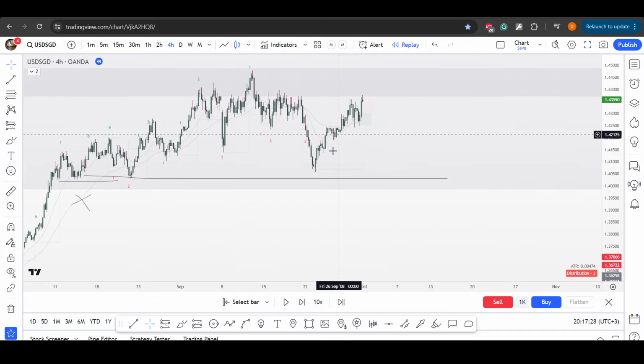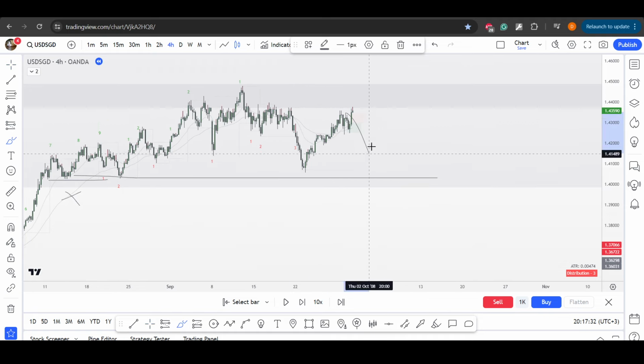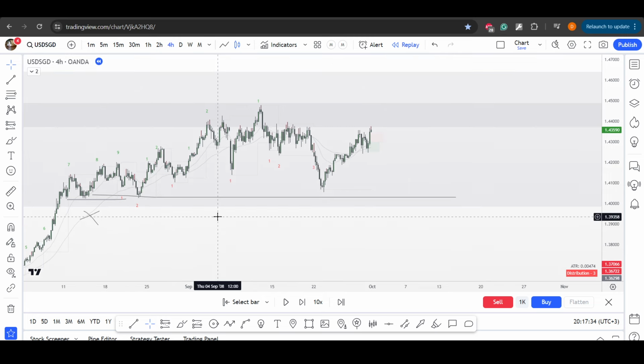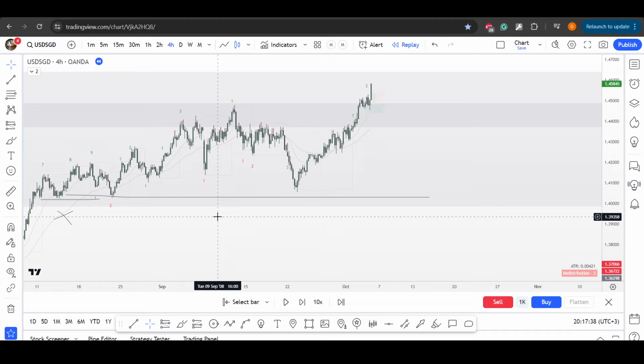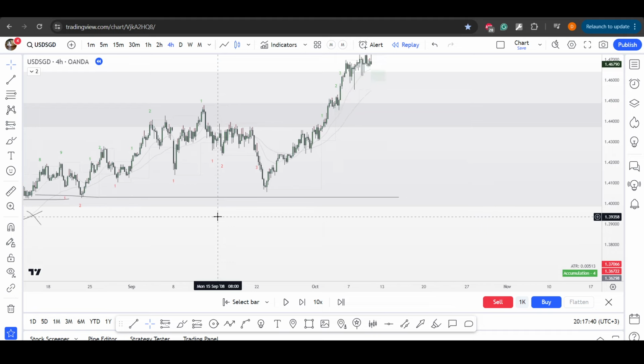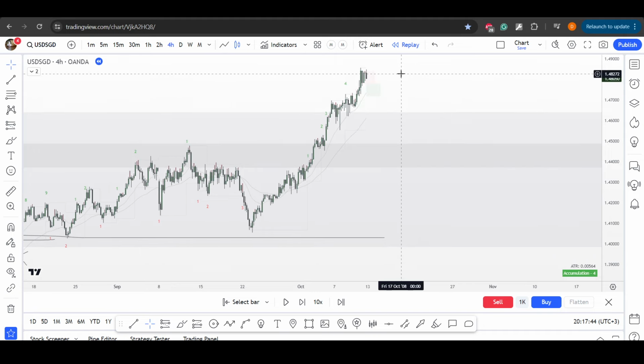But so far we are pretty bullish in an unclear range that could continue for a long time, so not entering here. But overall it's bullish right now.